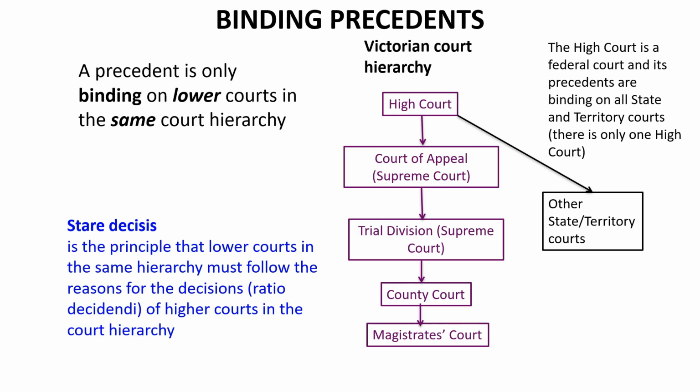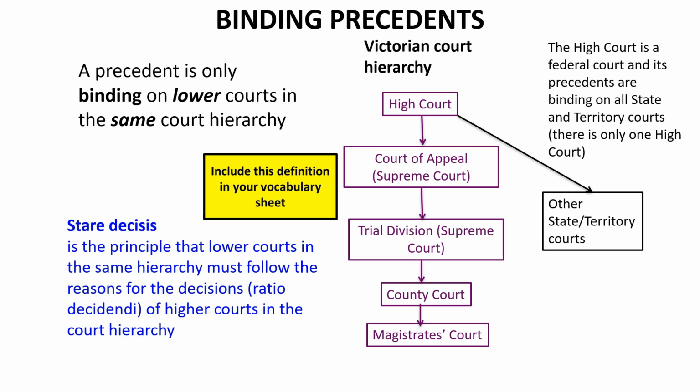This concept is expressed in the principle of stare decisis, which is the principle that lower courts in the same court hierarchy must follow the reasons for the decisions, that is the ratio decidendi, of higher courts in the court hierarchy. So now you've learned another Latin phrase in addition to ratio decidendi, that is stare decisis. Look down the left-hand side of your vocabulary sheet, find the term stare decisis and write this definition in there.